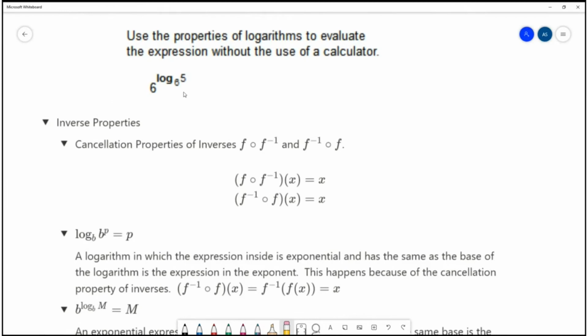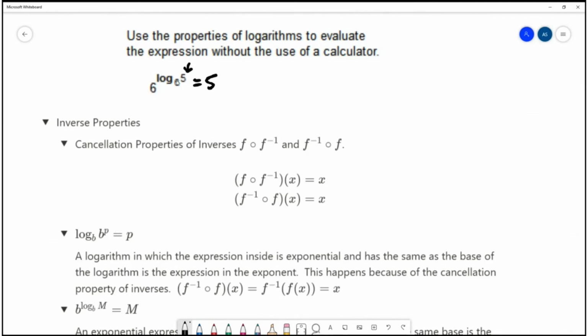So going back to our example, you can see that we have a logarithm with base 6 substituted into an exponential with base 6. These are inverses of each other. They cancel each other out, and we're going to get just this input of 5. So those opposite operations cancel, and we're left with 5.